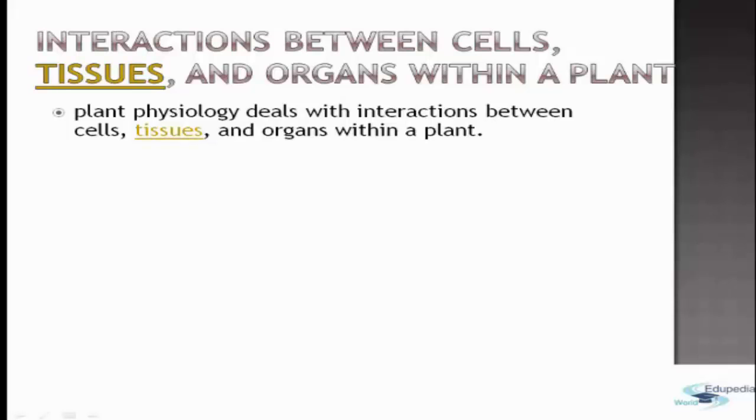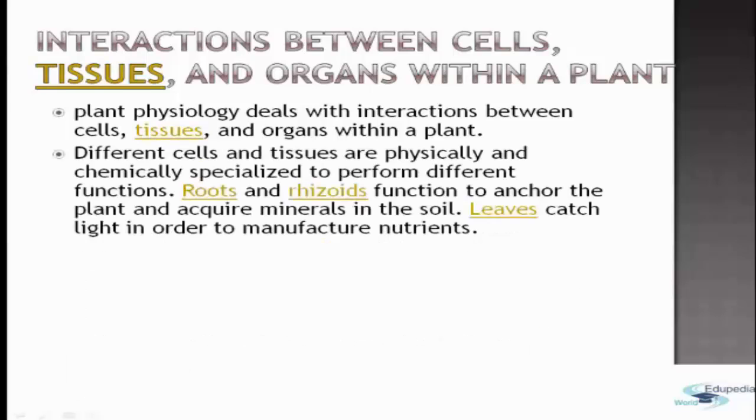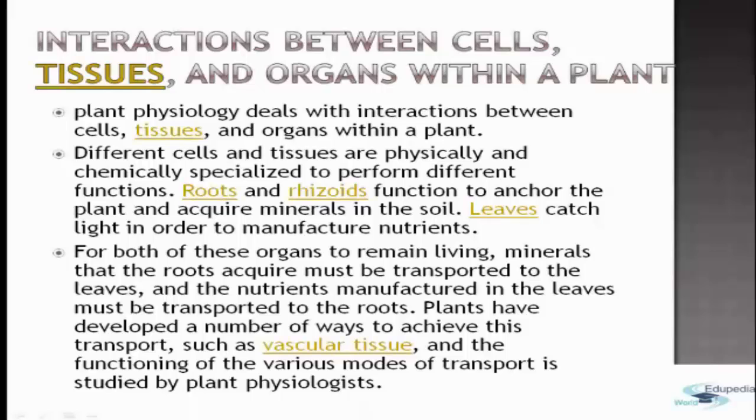Next, the physiology of plants includes the interaction between cells, tissues, and organs within a plant. Different cells and tissues are physically and chemically specialized to perform different functions. Roots and rhizoids function to anchor the plant and acquire minerals in the soil. Leaves catch light in order to manufacture nutrients.